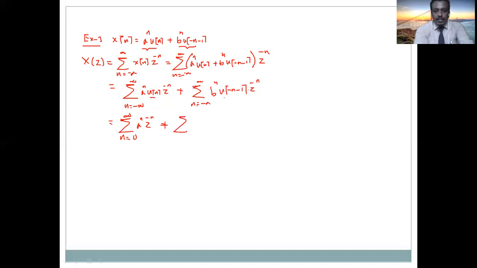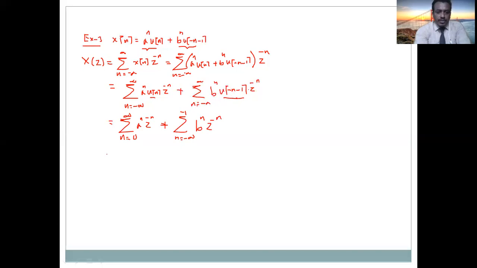Because it is a left-sided anti-causal signal, n starts from minus infinity up to minus 1. For 0 up to positive infinity, it will be 0. So in that case, b to the power of n, z to the power of minus n.